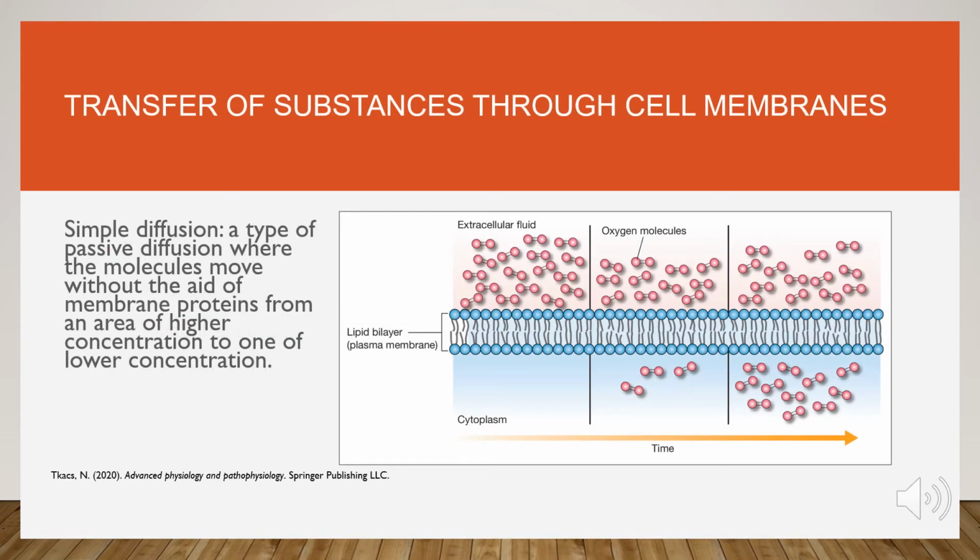In simple diffusion, the molecules move without the aid of membrane proteins. Simple diffusion is a type of passive diffusion. The most common mechanism involves movement of a drug from an area of higher concentration to one of lower concentration. For example, after oral administration, the initial concentration of a drug is higher in the GI tract than in the blood.